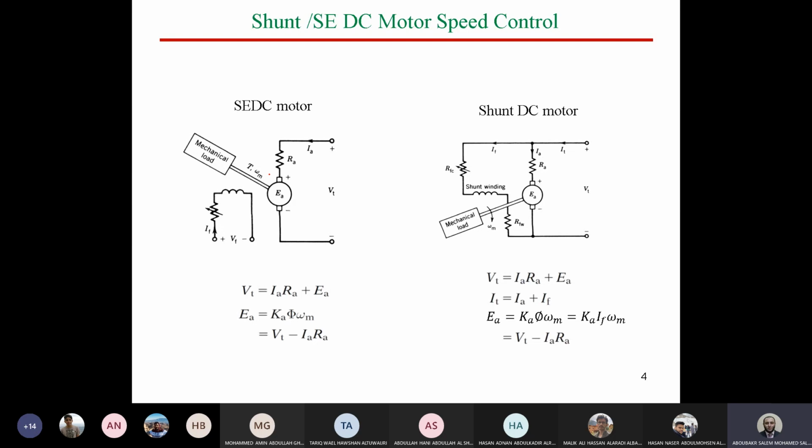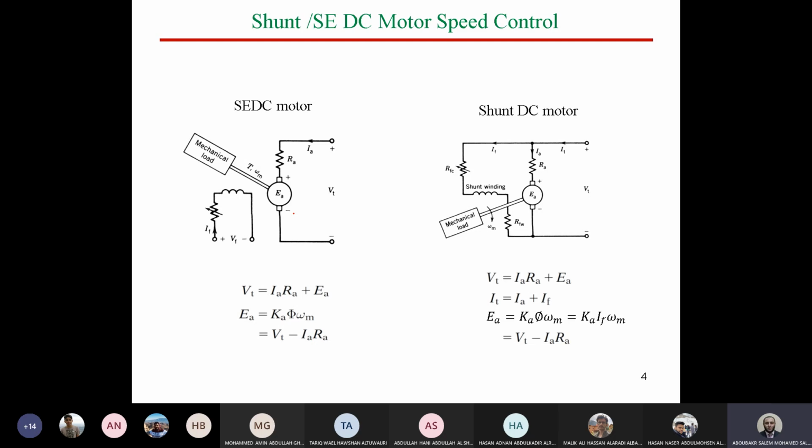However, because the voltage drop on brushes is a very small value, around 1 to 2 volts, and for the high rating machines which we use in industry, the terminal voltage starts from 200 volts to maybe around 2 kilovolts DC, we don't consider the brush voltage in these circuits.